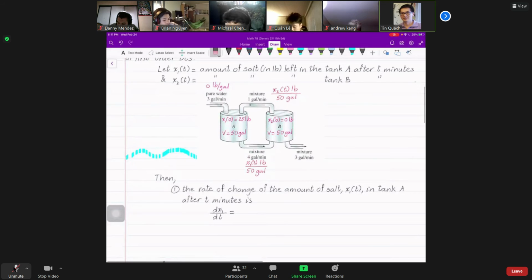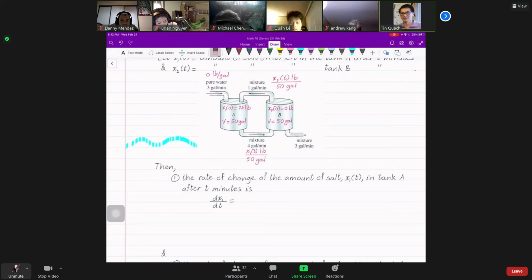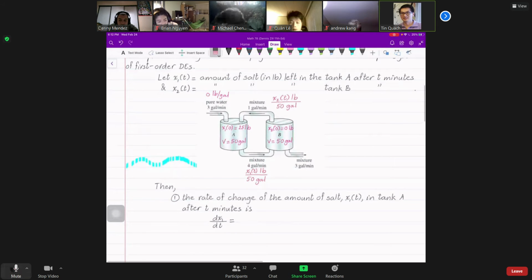Now, how about right here? It leaves at 3 gallons per minute, but how many pounds of salt is leaving the tank per gallon from this outlet? Remember, we are talking about at time t for the entire system, because I actually erased the problem.